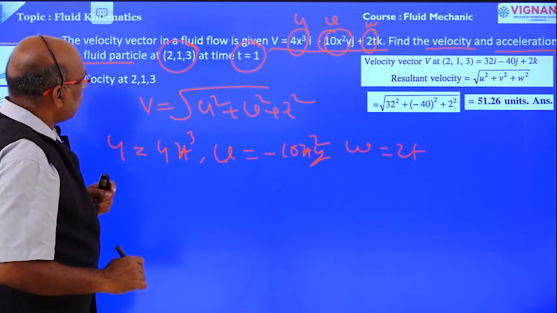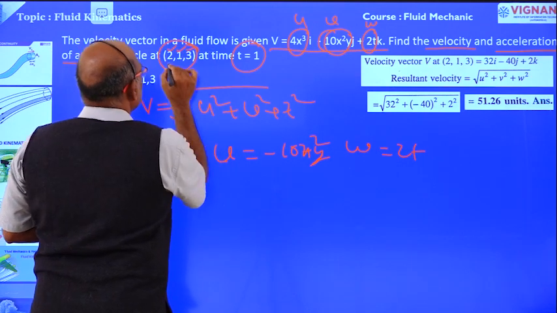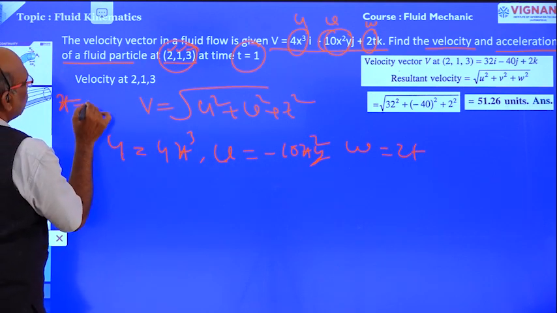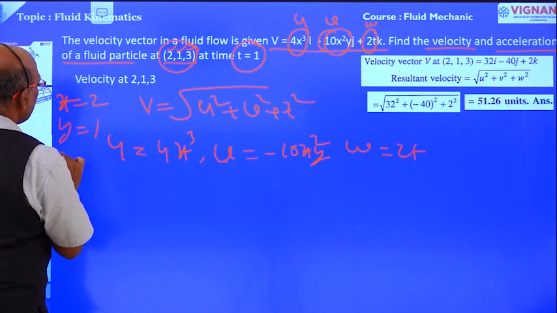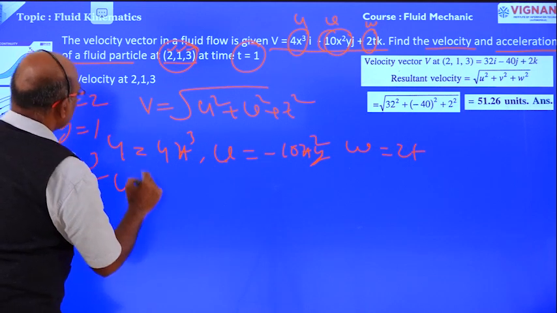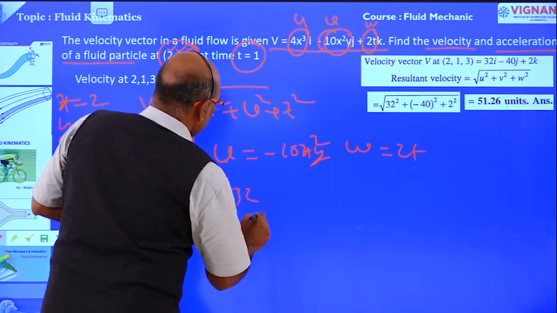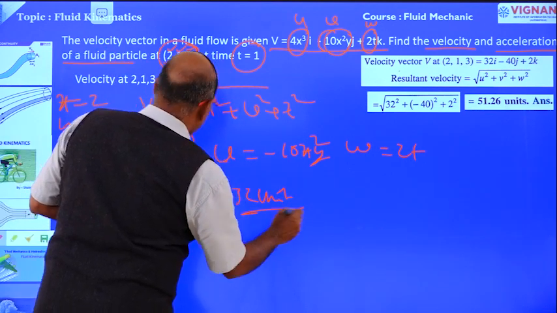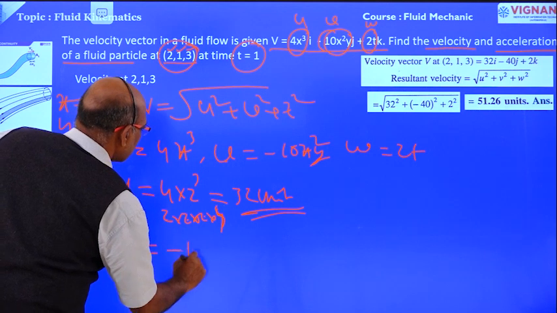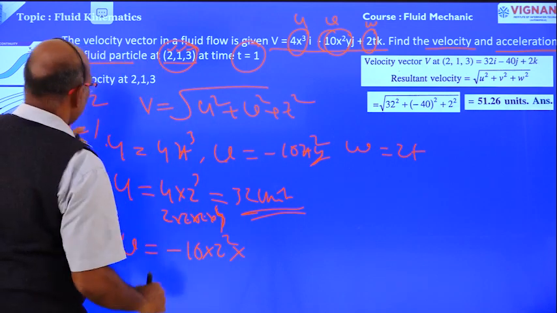Now we are going to determine u at the point 2, 1, 3. That indicates x is equal to 2, y is equal to 1, z is equal to 3. So u is equal to 4 into 2 cube, that is 32 units. v is equal to minus 10 into x square, 2 square, into y, which is 1.